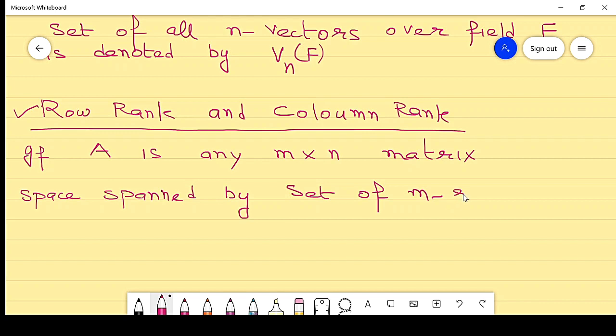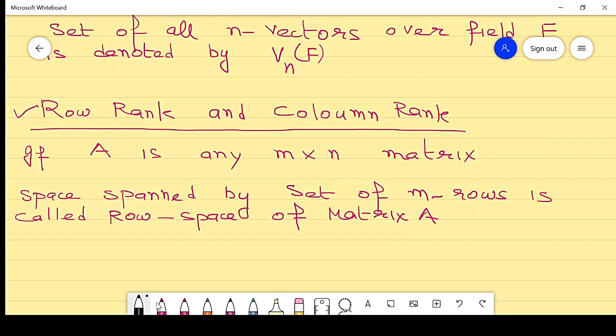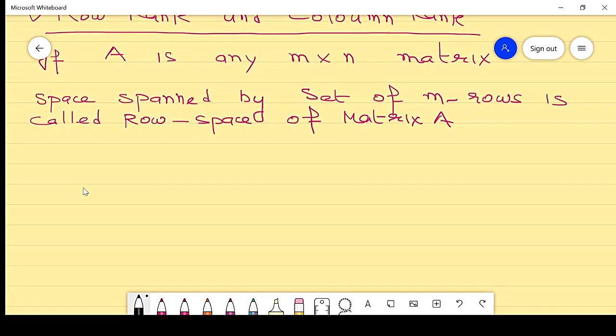So what is a space, how is it spanned, and what is a basis? We will learn in the next definition.